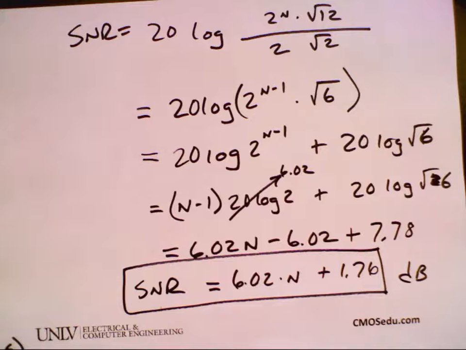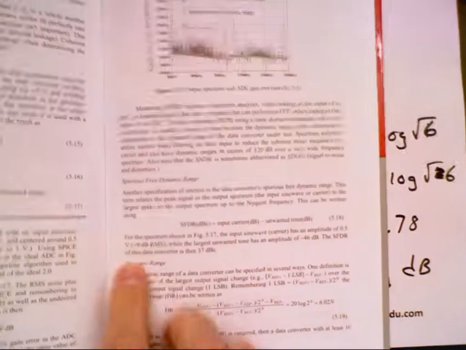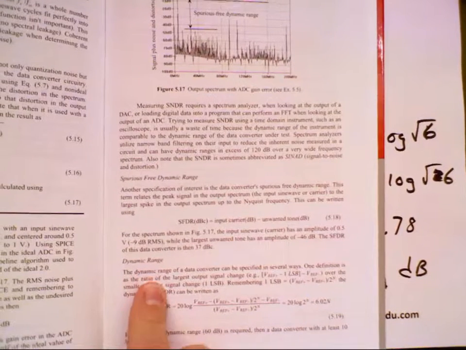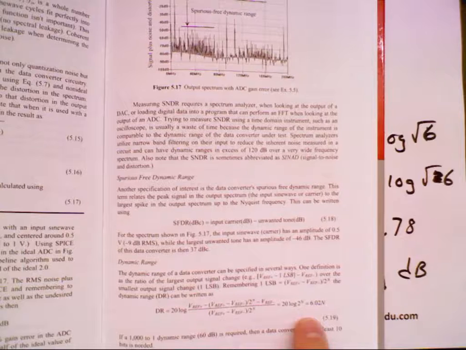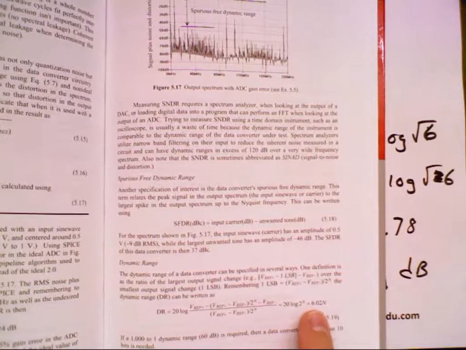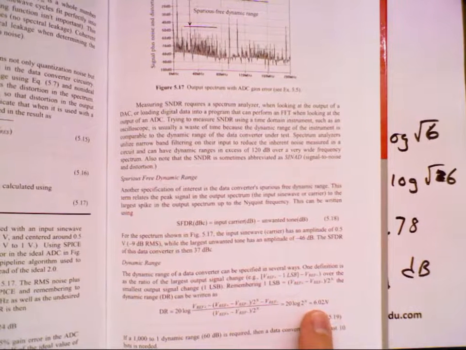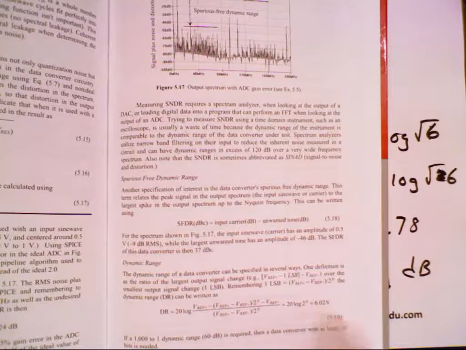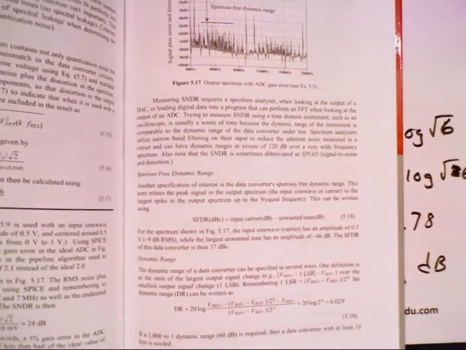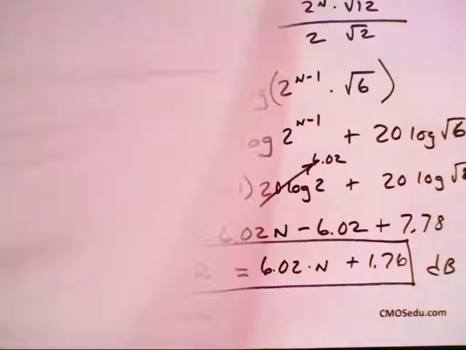If you look at this discussion on dynamic range on the bottom of page 177, it's similar to this, but basically your dynamic range is roughly 6.02 n. So if you need 60 dB, you need roughly 10 bits, okay?